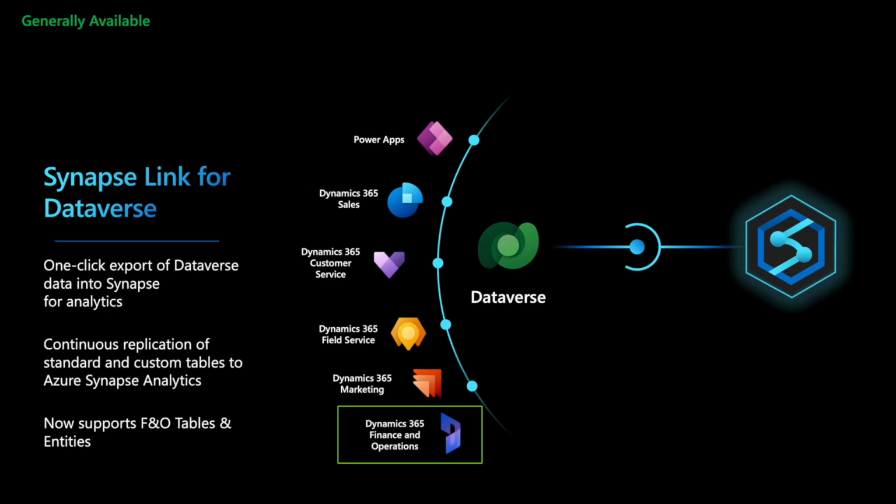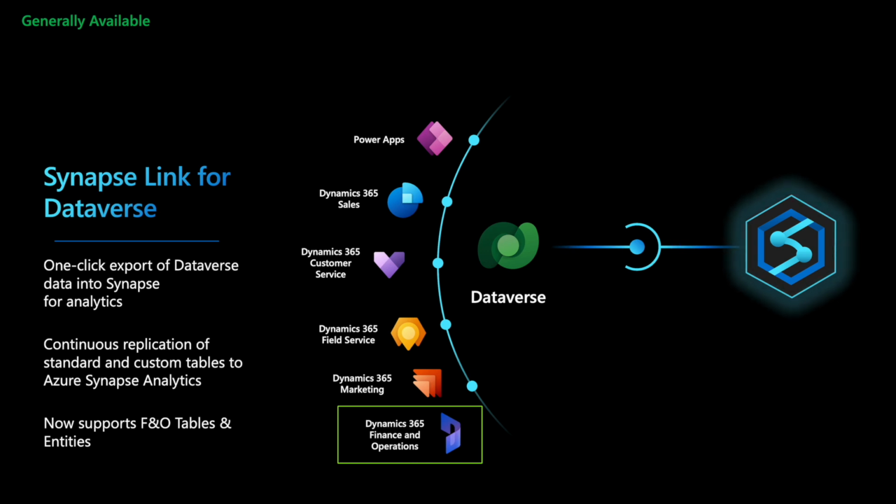Now, Synapse Link for Dataverse essentially is a one-click experience, single-click experience, with which you can select all data from Dynamics, continuously export that data into your data lake, and certainly work with Synapse and other tools. So the idea, what we wanted to do really is to eliminate the pain in working with your data using analytics tools.